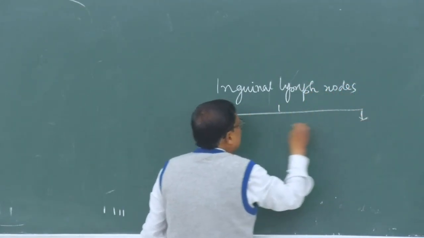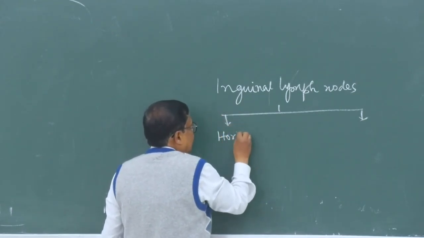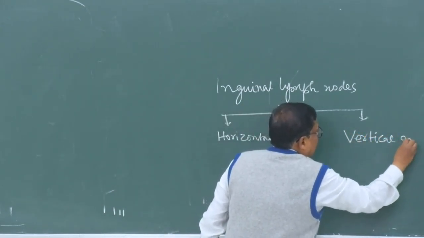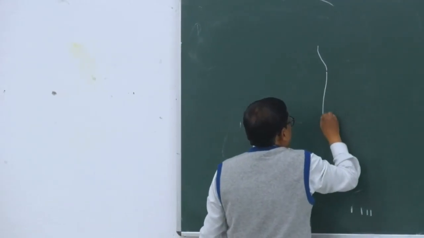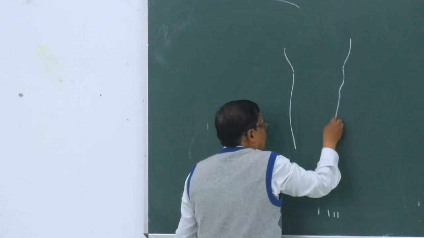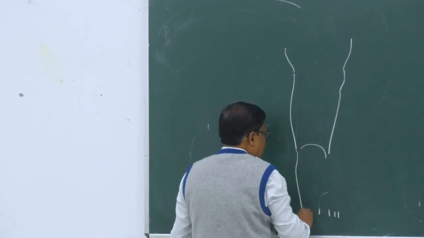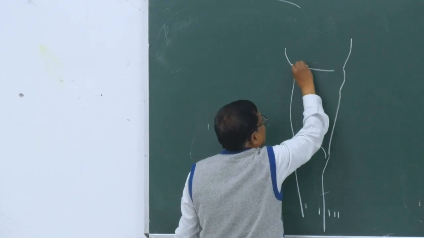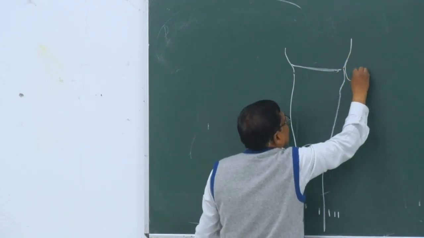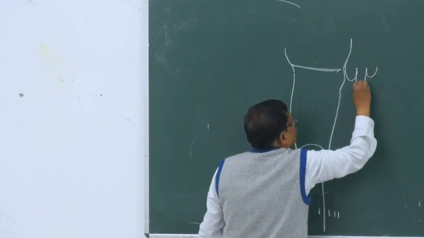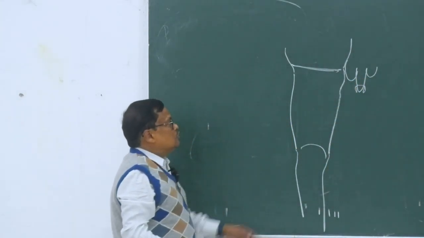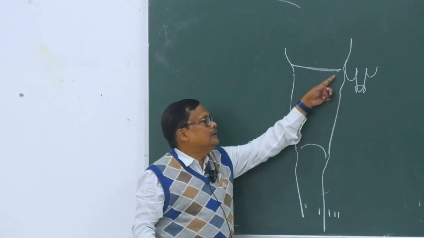Inguinal lymph nodes again divided into a horizontal group. So this is the inguinal ligament.